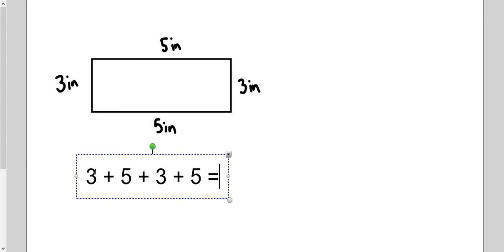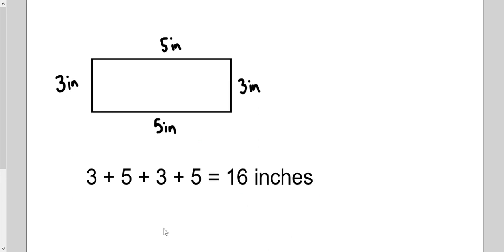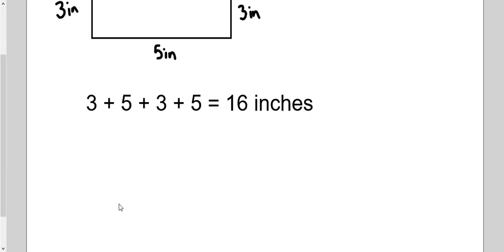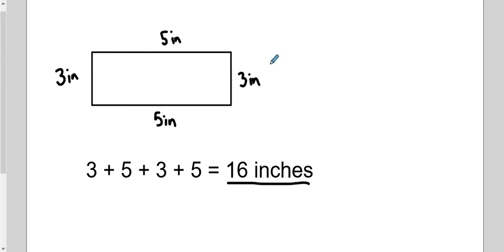Add all that up, and we would have a perimeter of 16 inches. All right. What we're actually going to be doing in the next part of this lesson is, what would you do if you were given the perimeter ahead of time and you had to find one of these sides that you didn't know?